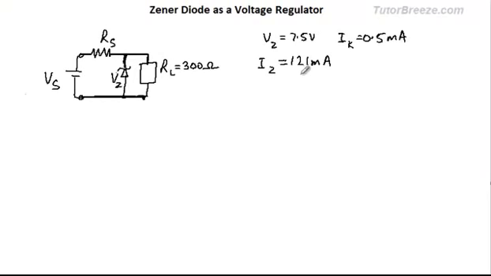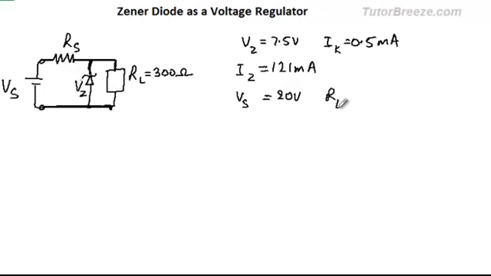So that will be less than the maximum possible current, which is 121 milliampere. The source voltage is given as 20 volts. The load resistance is 300 ohms, and we need to find the value of the series resistance.